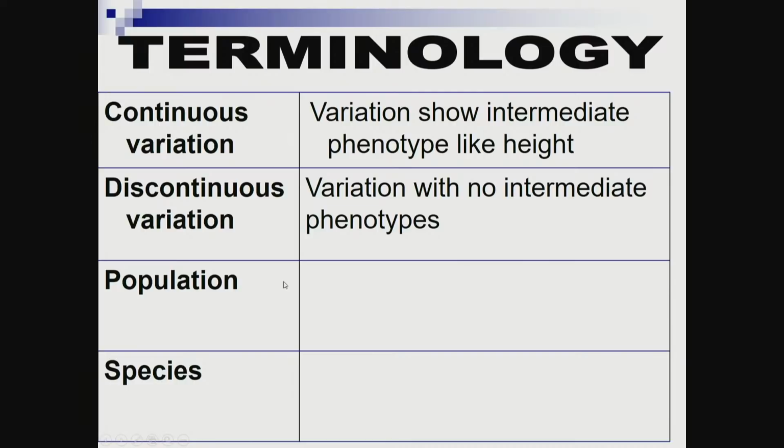Another two very important terminologies are continuous variation and discontinuous variation. Continuous variation shows intermediate phenotypes, like height, and discontinuous variation is where the variation has no intermediate phenotypes.